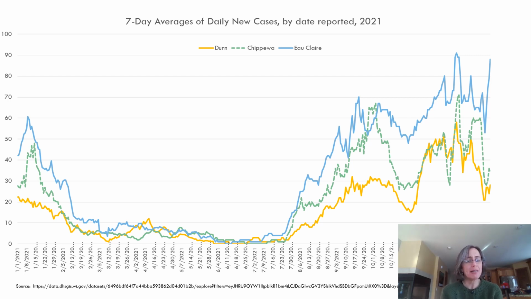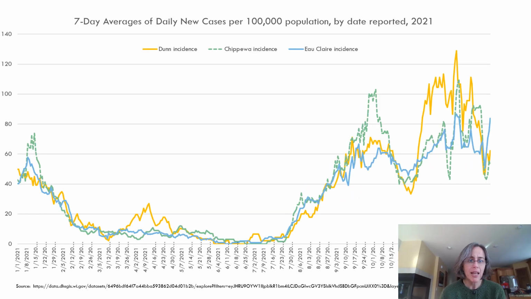And now here's where I'm going to say beware. These are total numbers of new cases. Eau Claire County is more than twice as big as Dunn County, so of course they had more cases than we did. So what do we need to do? Well, we need to look at incidence rate, right? We need to look at the rate per the population. And if we look at number of cases per 100,000 people, we actually see a very different picture.